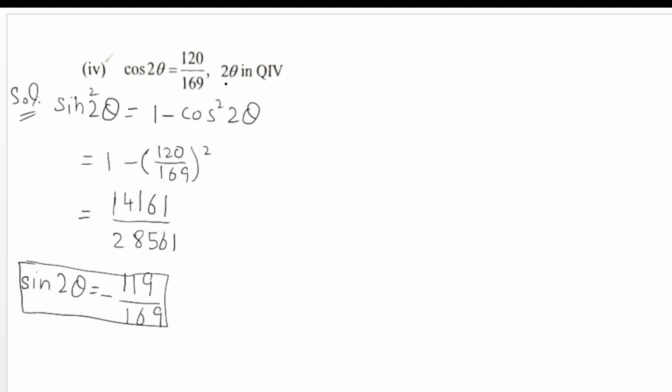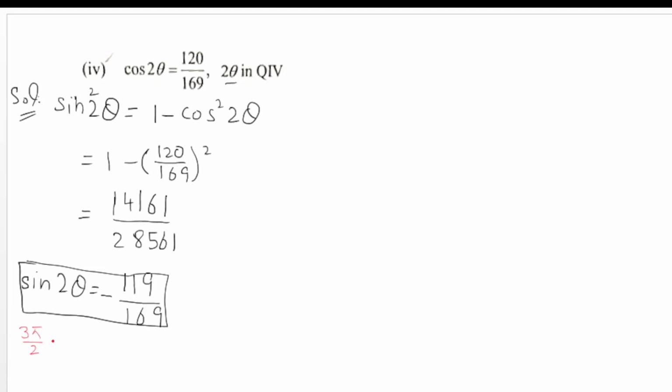As it is given about 2 theta, we have to discuss only theta. If we have only theta, how will we decide about the sign and the quadrant? So let's see. We know that the ending limit of the fourth quadrant is 2 pi, and the third quadrant ends at 3 pi by 2.